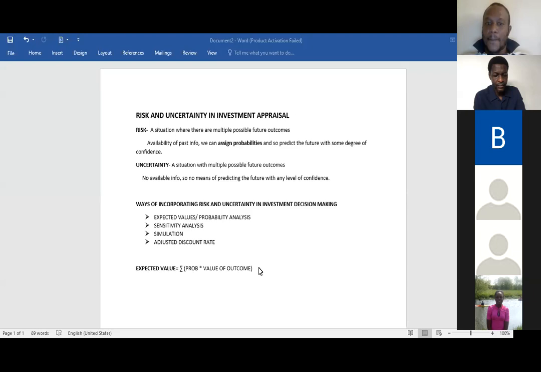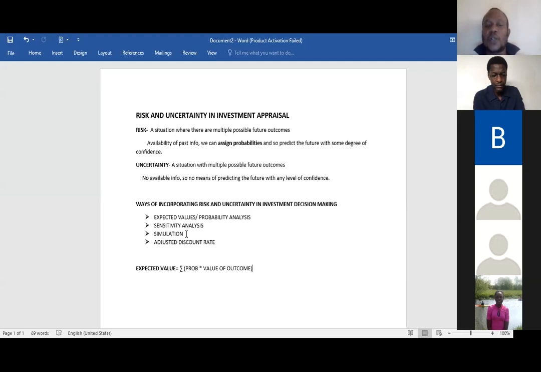Okay. So that's basically it. With expected values, assign probabilities, we can do a probability analysis for different scenarios that we expect. With sensitivity analysis, we keep all other factors constant and vary one project variable. So only one project variable and then keep others constant.